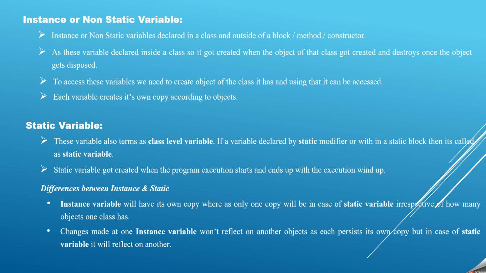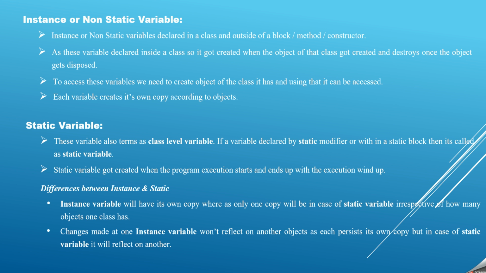So that's the thing. Changes made to one instance variable won't reflect on another because each has its own copy. But in the case of a static variable, the change is going to be reflected because in the end it is pointing to a particular memory location. It doesn't matter how many objects you have.